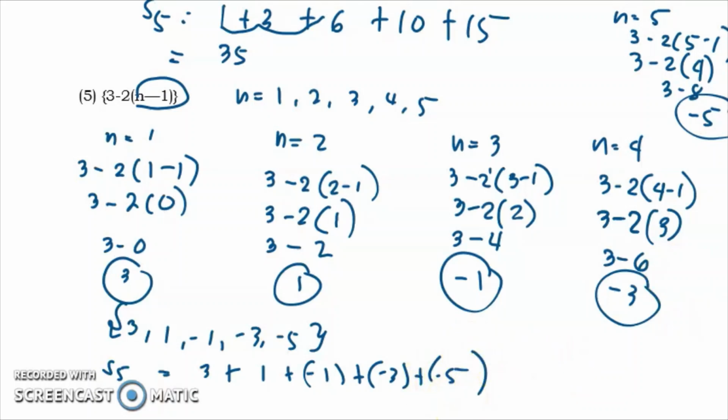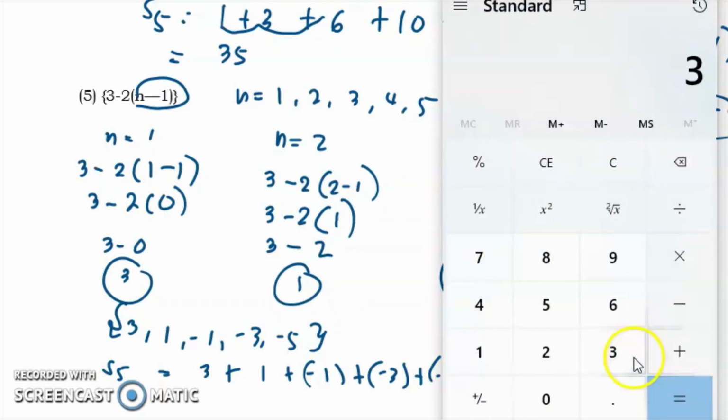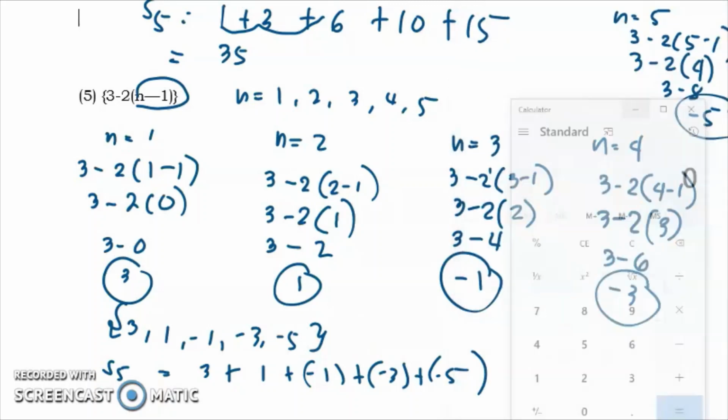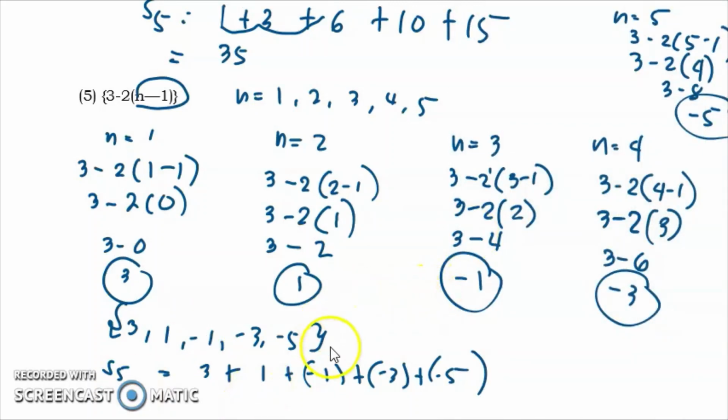So, 3 plus 1 is 4 plus negative 1. So, 0 na lang siya. Ito din, 0 na lang. So, you have negative 5.